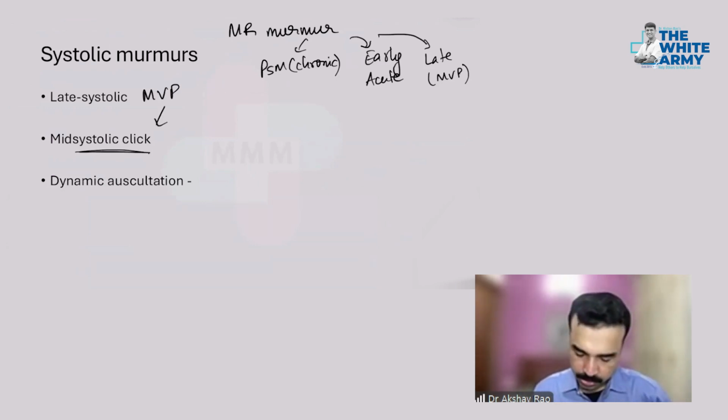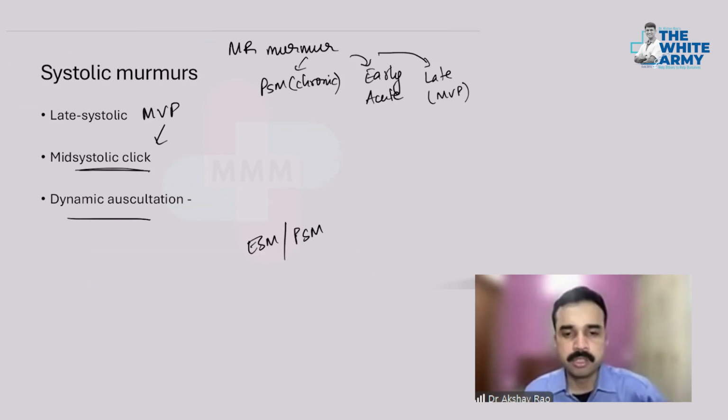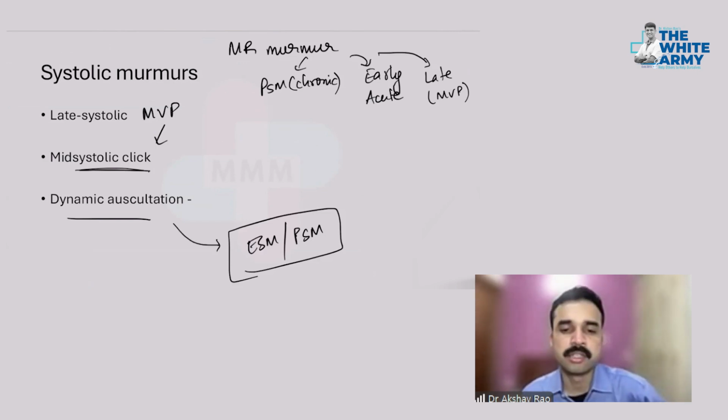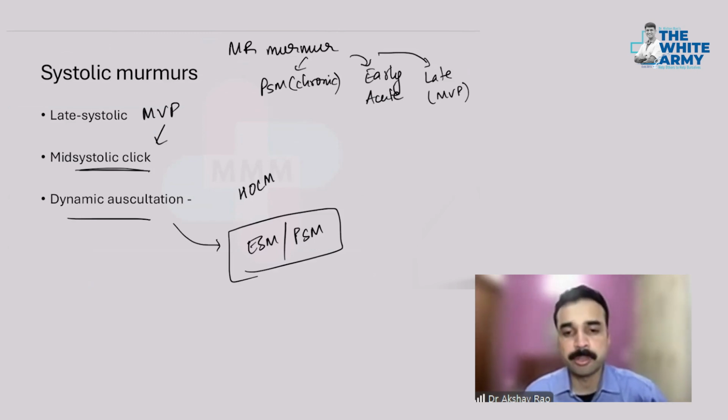And this is where you need to use a method known as dynamic auscultation. In MVP, the mitral regurgitation murmur will follow certain patterns on dynamic auscultation. Any systolic murmur you hear, whether it's an ejection systolic, pan-systolic, or late systolic murmur, if you hear a systolic murmur from left-sided heart disease, you should use dynamic auscultation, because the ejection systolic murmur may be caused by HOCM, hypertrophic obstructive cardiomyopathy.